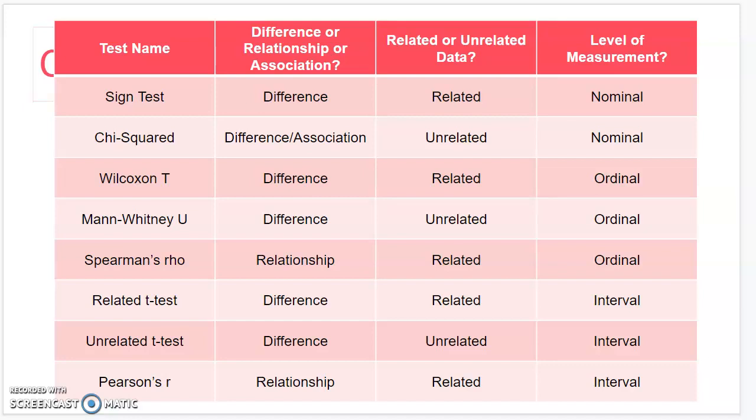It's related because they used a repeated measures design, so all participants did all conditions of the experiment. And then in terms of level of measurement, say they measured a score on a task that they had to do, and this was out of 20. It's a subjective scale, therefore it's ordinal.